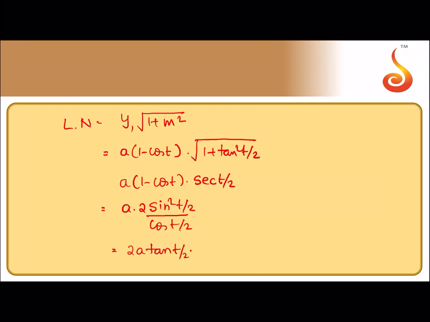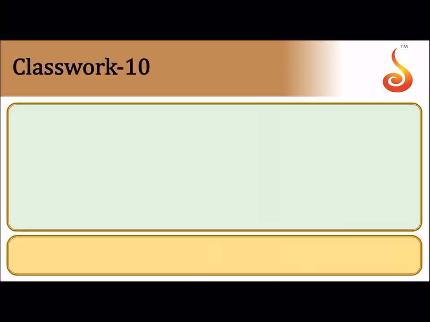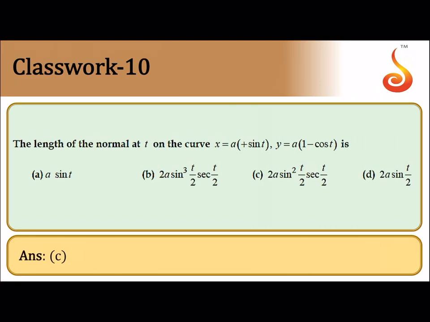This will give you a into (1 minus cos t) into secant t by 2, which will give you a into 2 sin square t by 2 by cos t by 2, which will give you 2a tan t by 2 into sin t by 2.